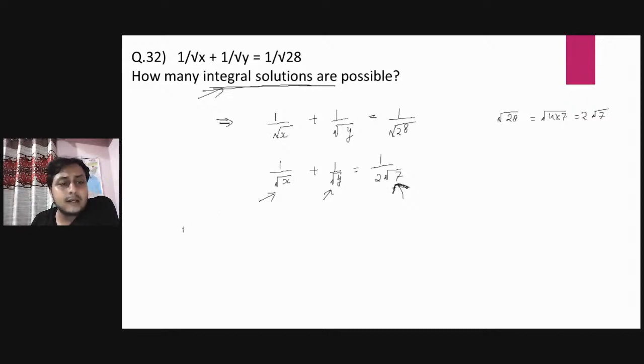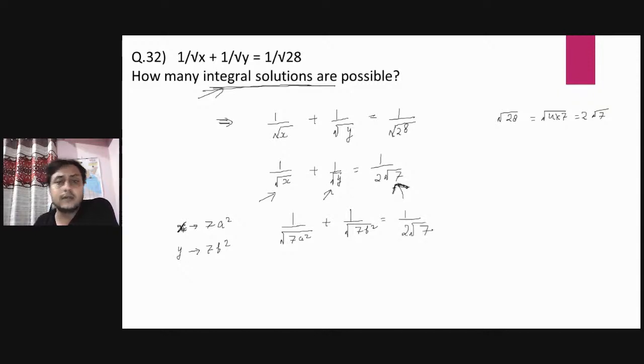You have to assume some values of x and y. Let the value of x be 7a square, and y be 7b square. Now put the values of x and y in this equation. We get root of 7a square plus root of 7b square equals 1 by 2 root 7.